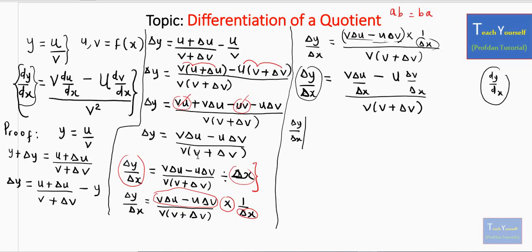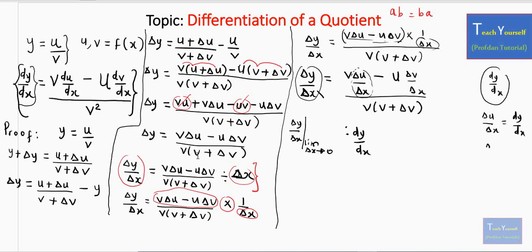So we take the limit as change in x tends to 0. What happens when this happens? As we take this limit, change in y over change in x becomes dy/dx. Also, change in u over change in x becomes du/dx.